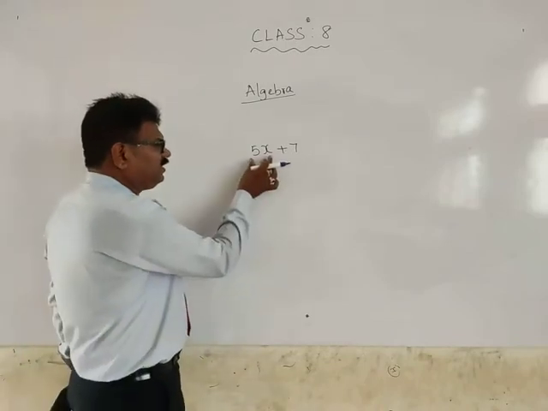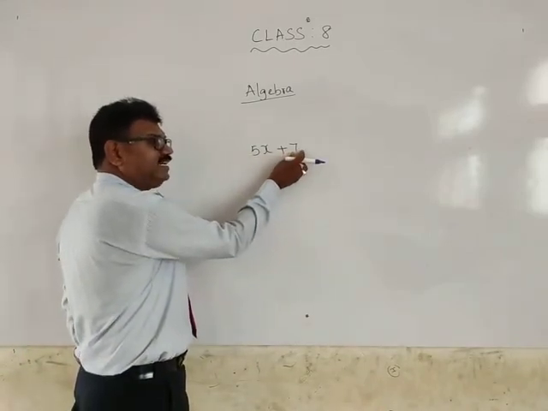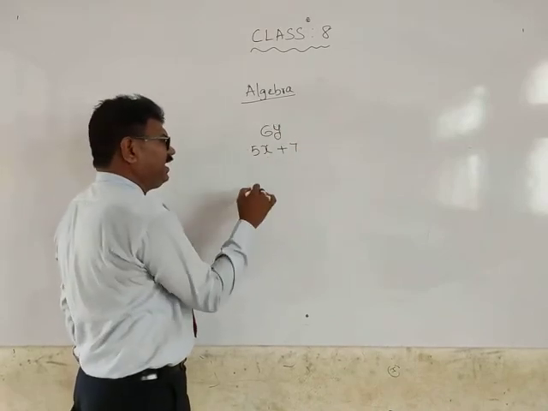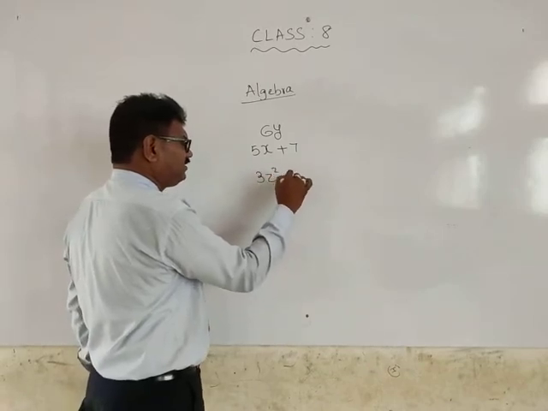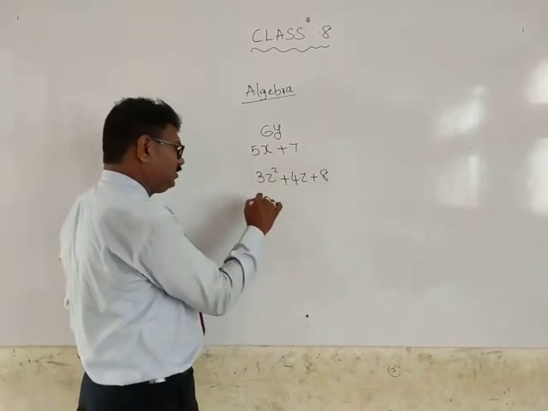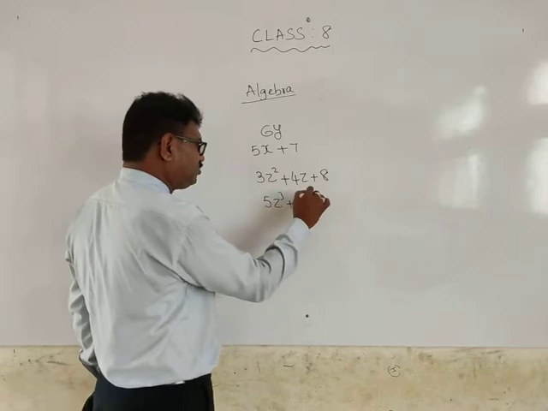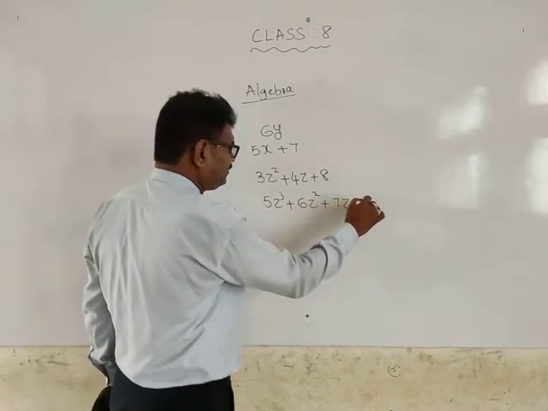That means what? Here plus is there, therefore it is one term, and here it is the second term. Okay. Before that we have seen 6y. Next term 3z square plus 4z plus 8. 5z cube plus 6z square plus 7z minus.